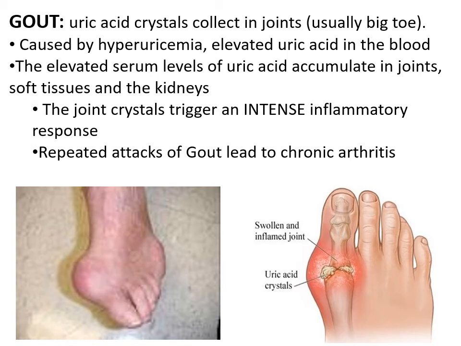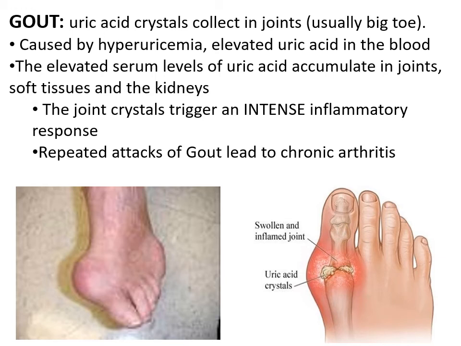So, and we can develop uric acid kidney stones, right? So elevated uric acid causes gout in the joints, what's called tophaceous gout in the soft tissue, these lumps that are filled with uric acid, and uric acid kidney stones. Okay.